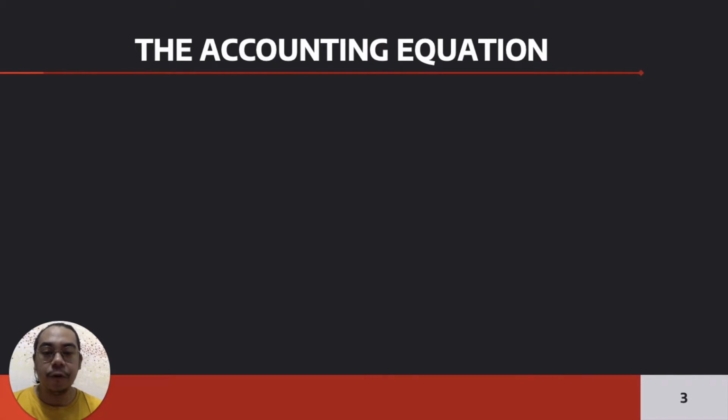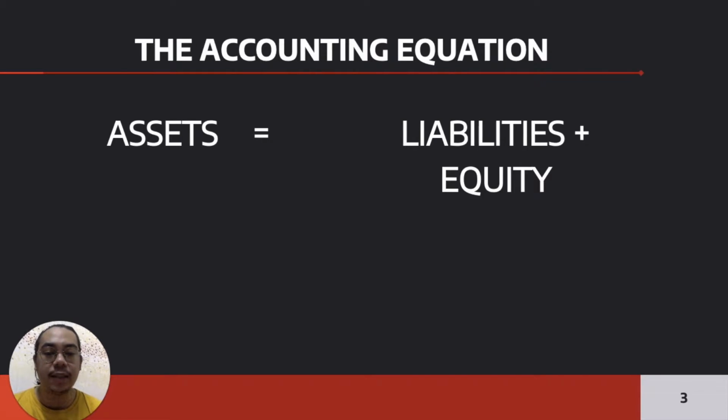So now, if you remember, meron tayong accounting equation. Accordingly, sa basic accounting natin, ang accounting equation is assets is equal to liabilities plus equity. If you observe the accounting equation, it has two sides also. Assets on the other side, while liabilities and equity on the other side.